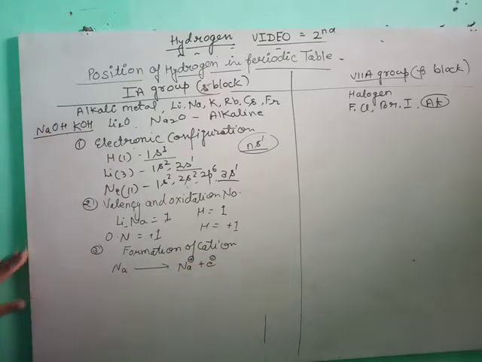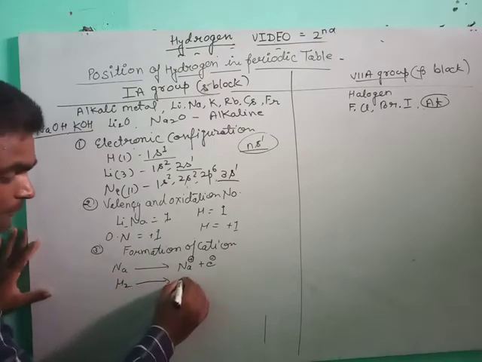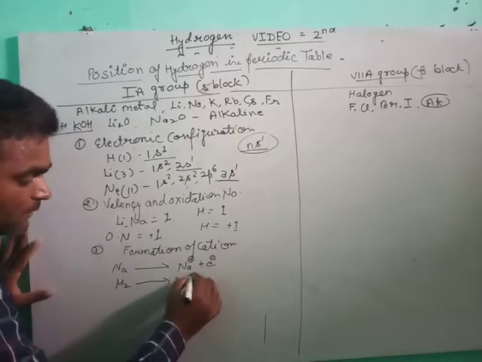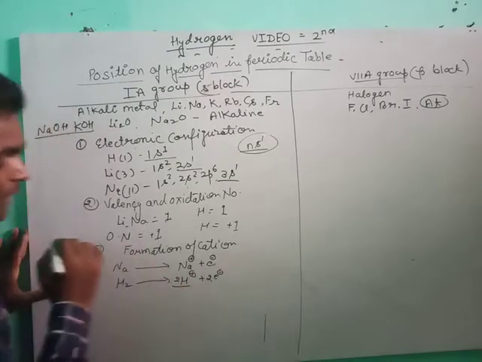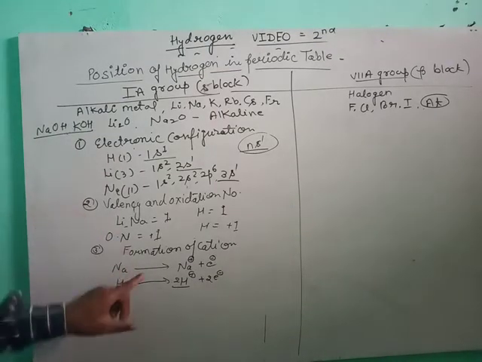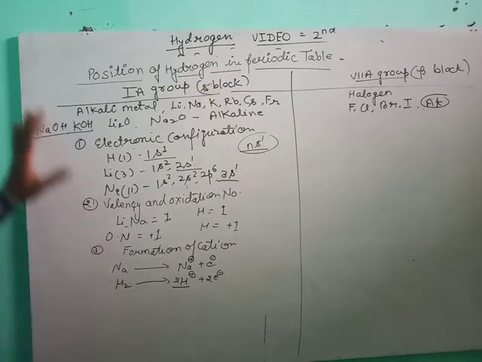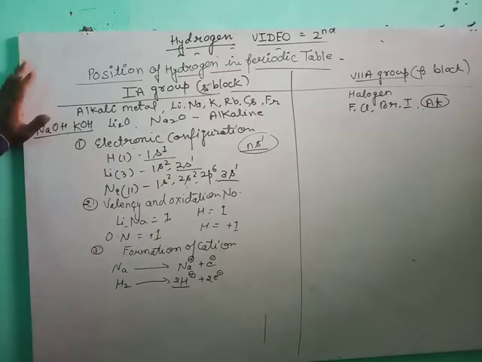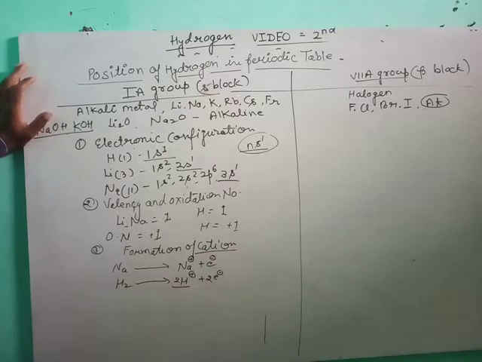Similarly, hydrogen also removes an electron and forms a hydrogen ion. So it is clear: in the formation of cations, sodium or any alkali metal gives an electron and forms a cation. And similarly, hydrogen also removes an electron and forms a cation.